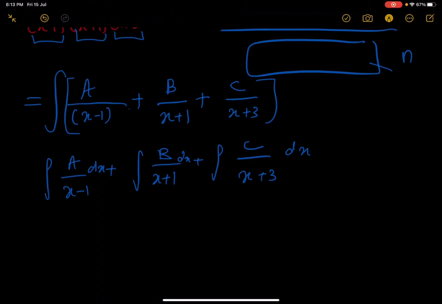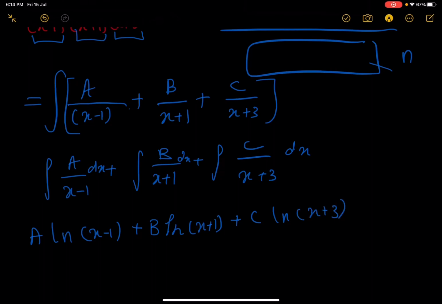So we will get a ln x minus 1 plus b ln x plus 1 plus c ln x plus 3 plus a constant, which I'm going to call k, for example.